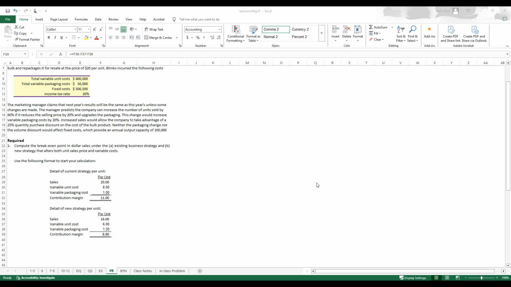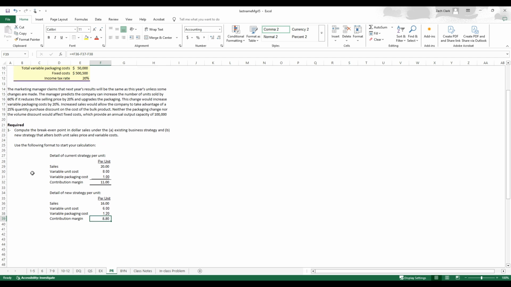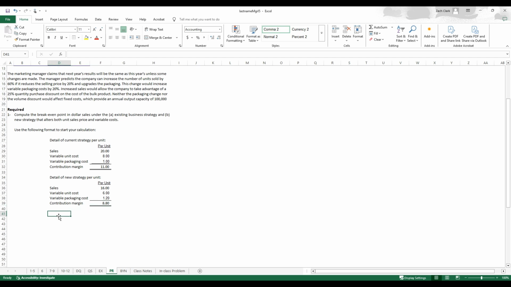Okay, so now we need the break-even point. So that was A, and then we need the break-even point in dollar sales. So remember to calculate, I'm just going to say BE point current, and then BE point new strategy.